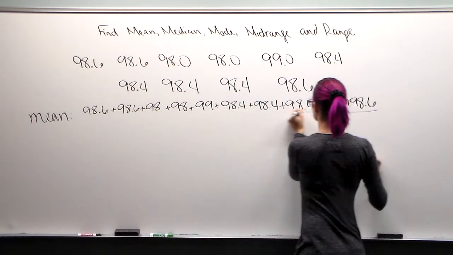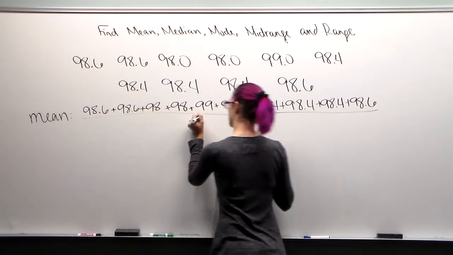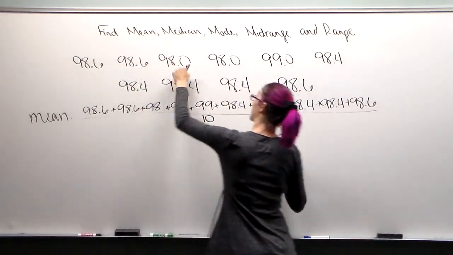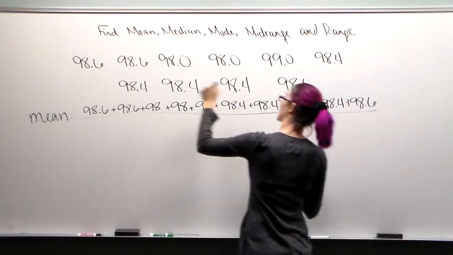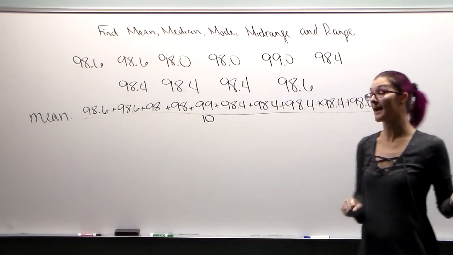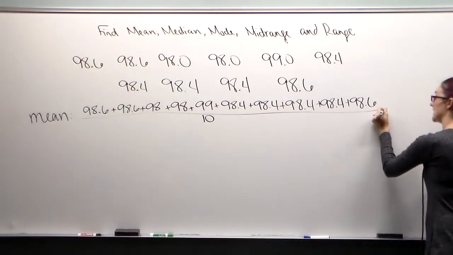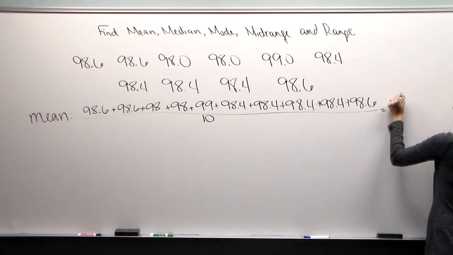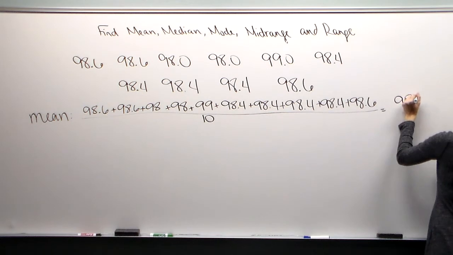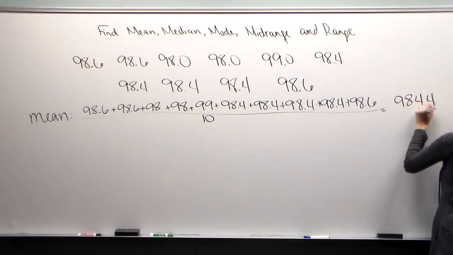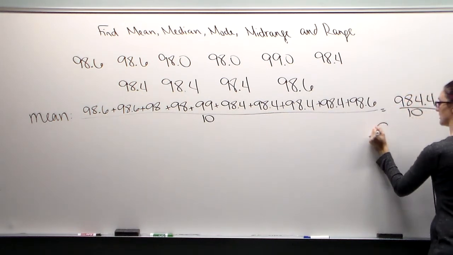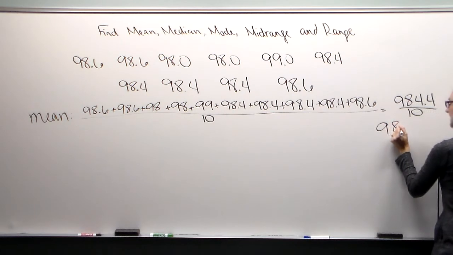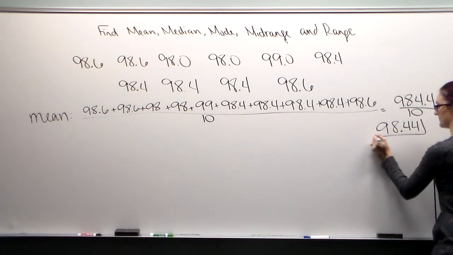And then I want them to show the division and that it is divided by 3, 4, 5, 6, 7, 8, 9, 10 of them. So you're going to divide by how many there are. Then I tell them they can go, and I already added that up prior. That's 984.4 divided by 10, which is 98.44.